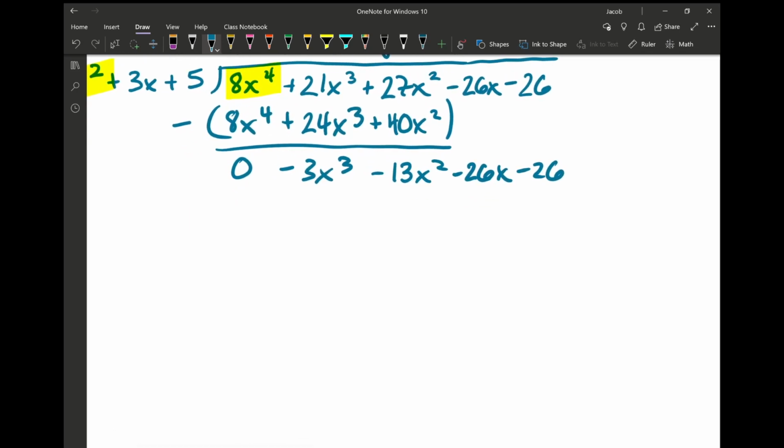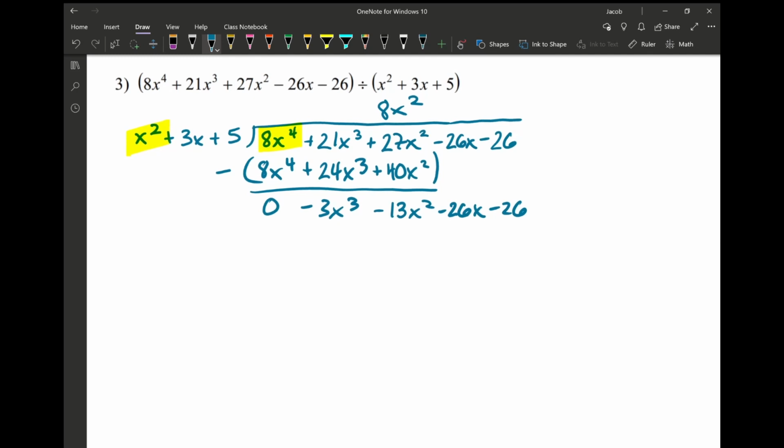And I'm looking for, what do I need to multiply x squared by to get negative 3x cubed? I need to multiply by negative 3x. So negative 3x cubed minus 9x squared minus 15x.